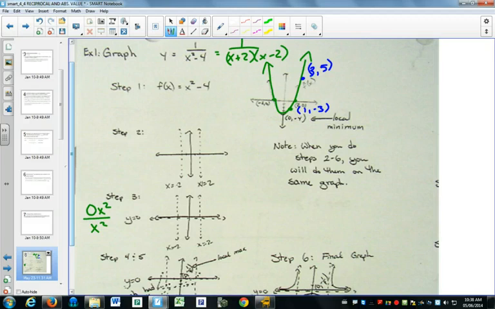So when you go to graph these, you'll draw your original graph here. On a second graph, right beside it, you'll start by saying, I have x-intercepts at minus 2 and 2.